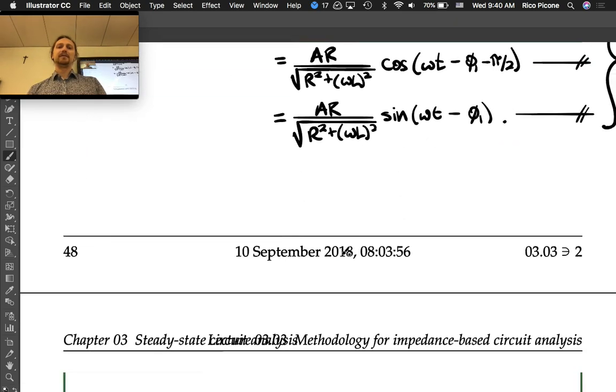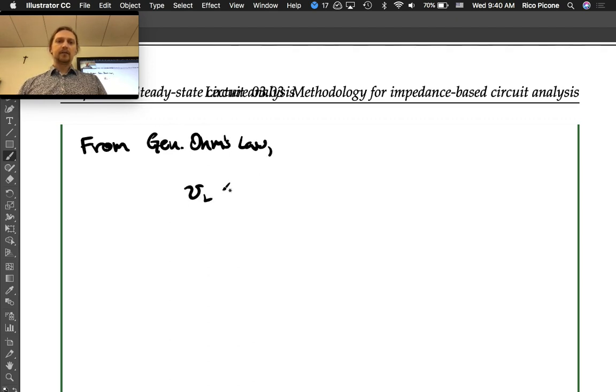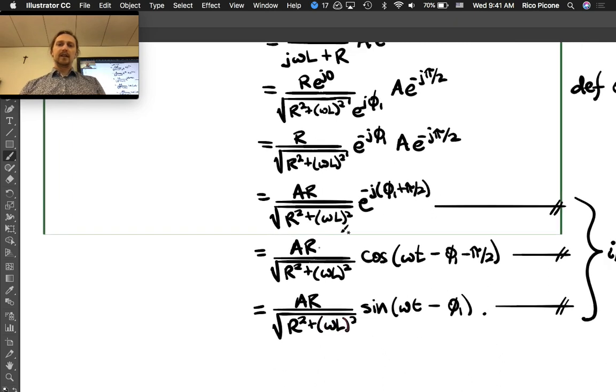So we have that from Gen Ohm's law, VL is equal to IL ZL. And IL we said was this, right?